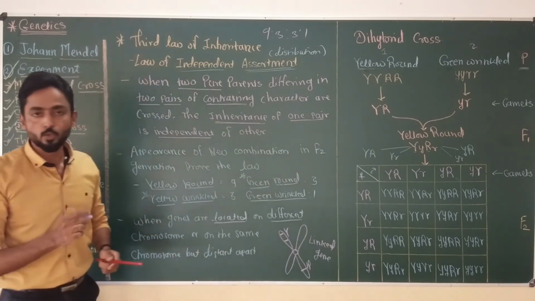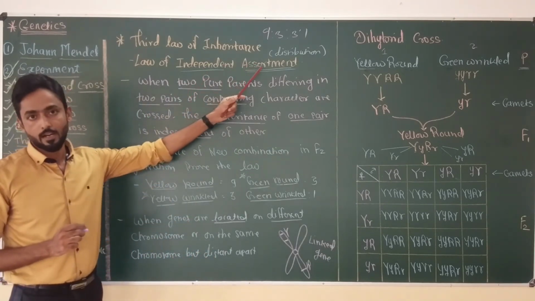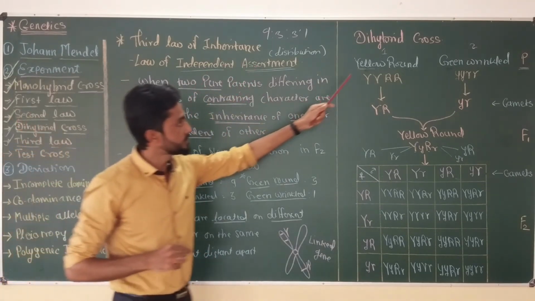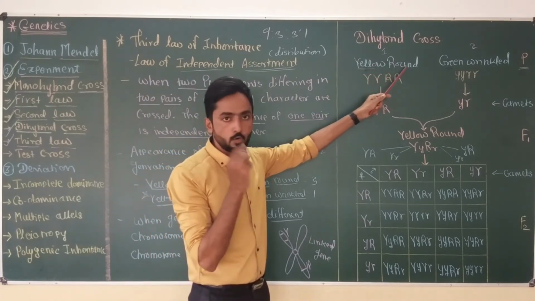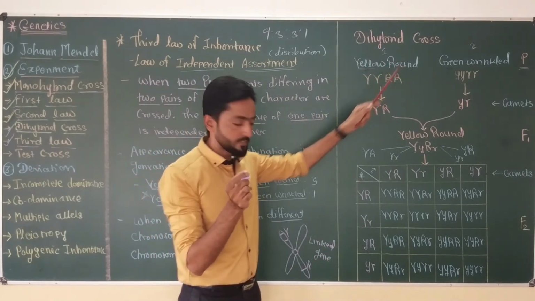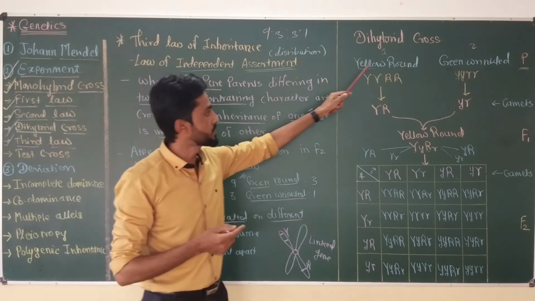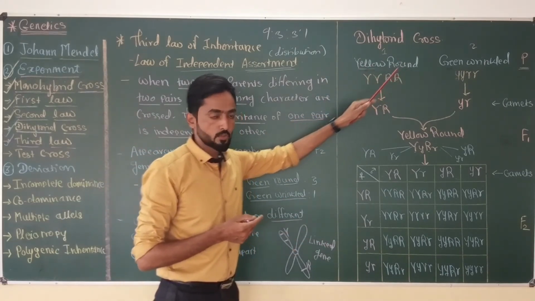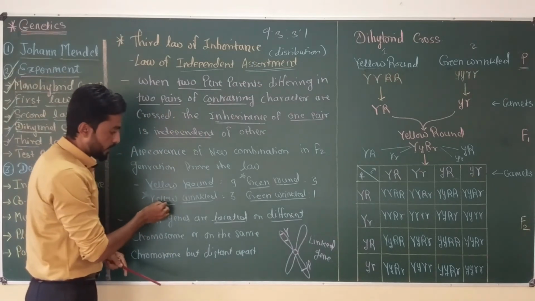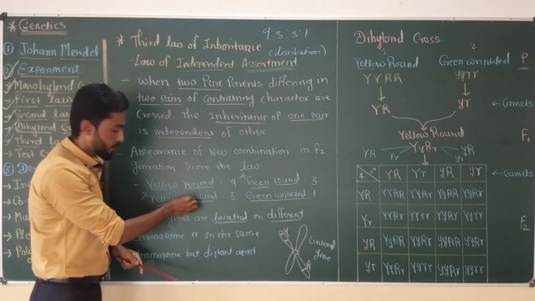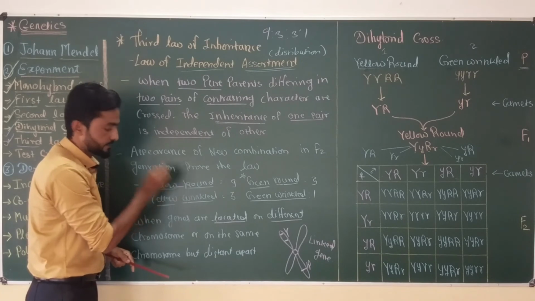Linked genes do not show independent assortment. For example, if this yellow color and round seed shape are linked, in that case this yellow color will always go with the round seed shape, so that we will not get a yellow wrinkle type of seed because yellow and round are linked.